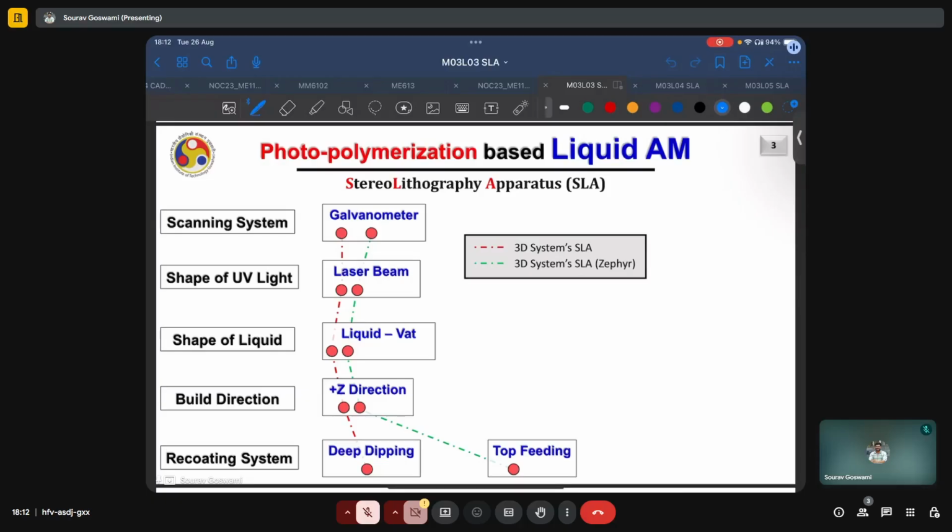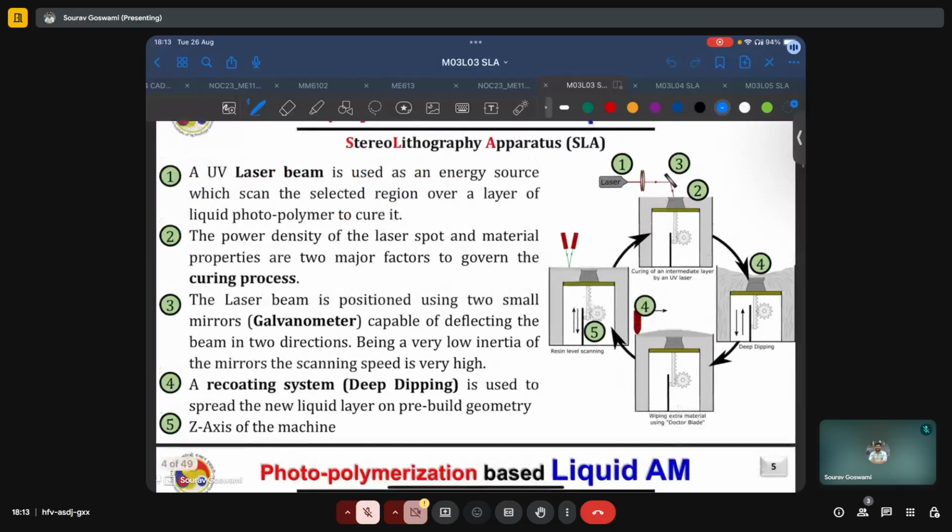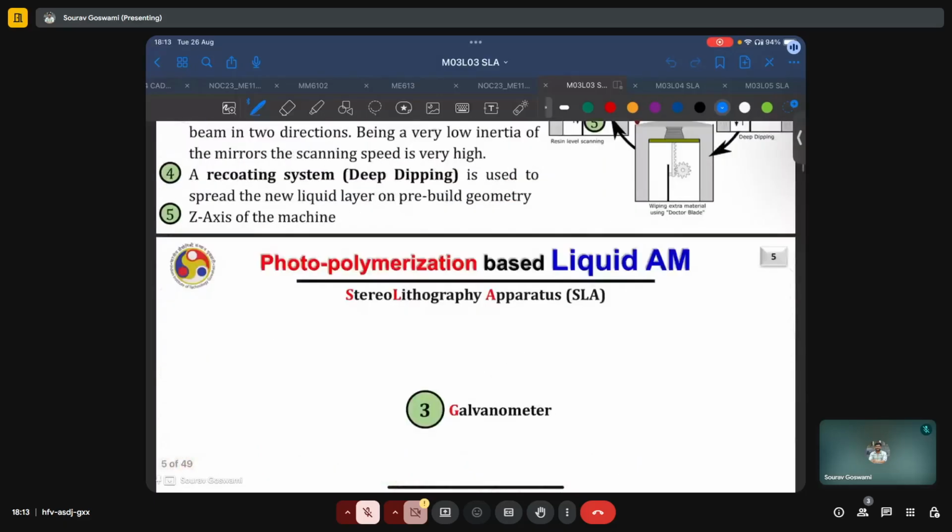While the improved Zephyr version of 3D Systems SLA differed only in the usage of a top feeding mechanism rather than deep dipping. And we already looked at the schematic of the process.